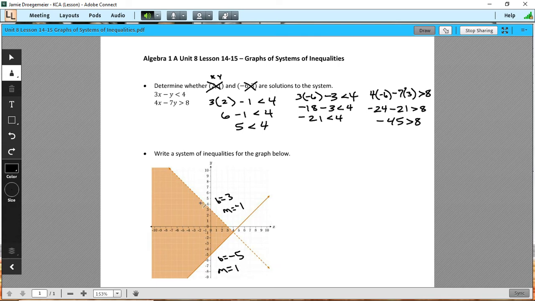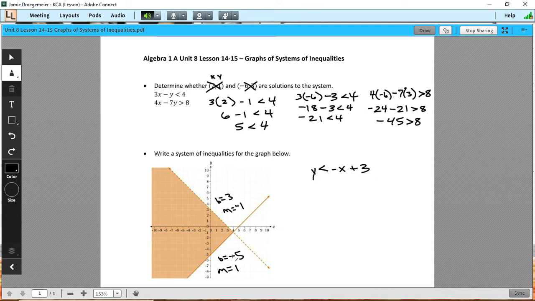For this first inequality, the one that's coming downward, the slope is negative 1, so that's negative 1 times x plus 3. And our shading is below that line. So that means y is less than negative x plus 3.